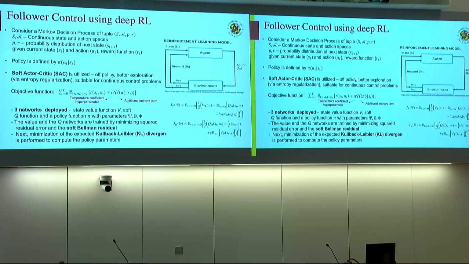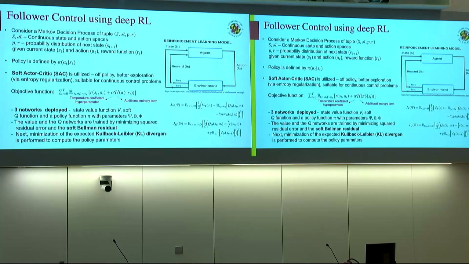So the leader, in my work, can be any controller. It can be a sliding mode controller, but it has to be perfect in balancing the CG. But for the follower, I'm using reinforcement learning, and I'm using soft actor critic. I chose soft actor critic for the follower's reinforcement learning because soft actor critic gives a good trade-off between exploration and exploitation.